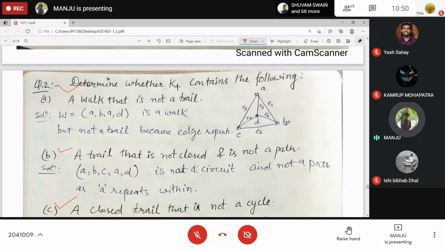There are all kinds of circuits over here. Are these the only ones? This C3, this C3, this C3, this C3. Anything else? Every closed trail, either it will be a cycle or it will be a combination of cycles, right? Clear?